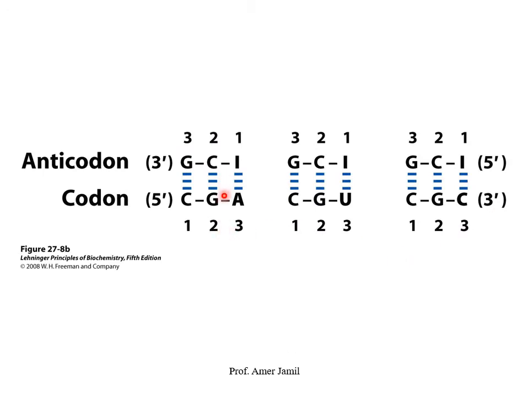And you can see how these codon and anticodon interact with each other with the help of hydrogen bonds. You can also see inosine present in anticodons in many cases.